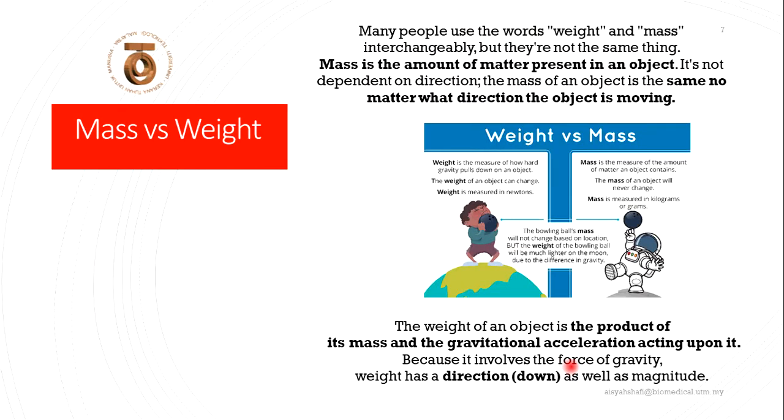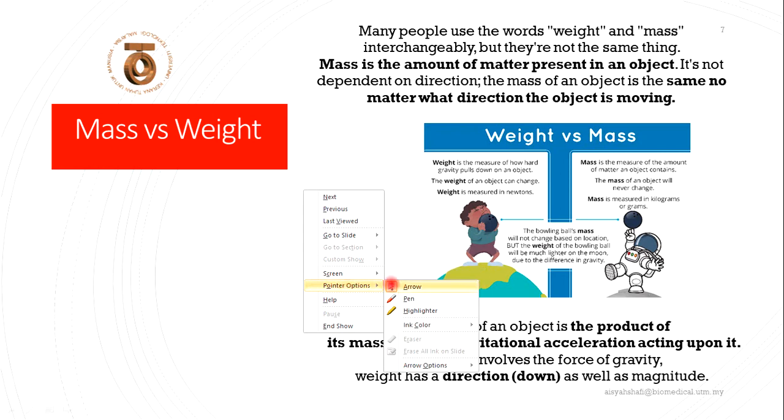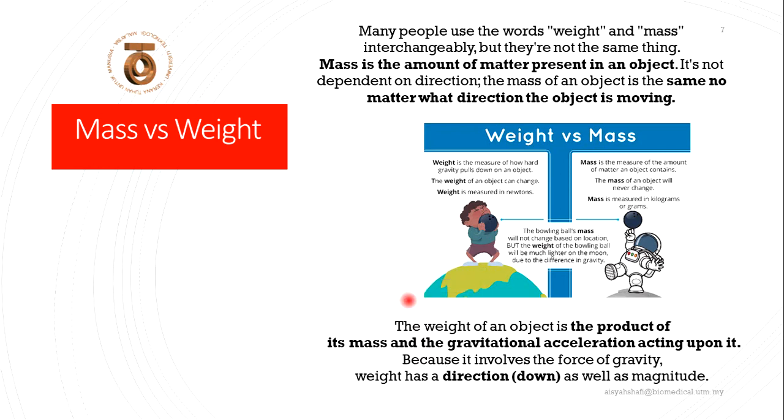Okay, before I proceed with the next slide, I will explain the difference between mass and weight. Mass is the general quantity that represents the amount of matter present in an object, and it's not dependent on direction.